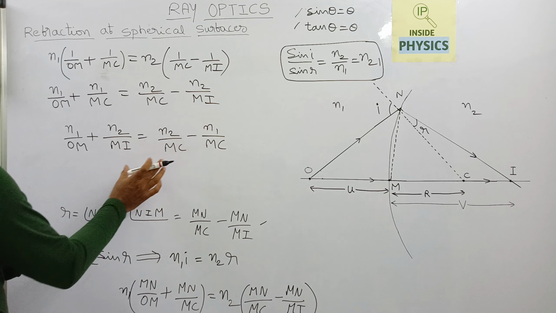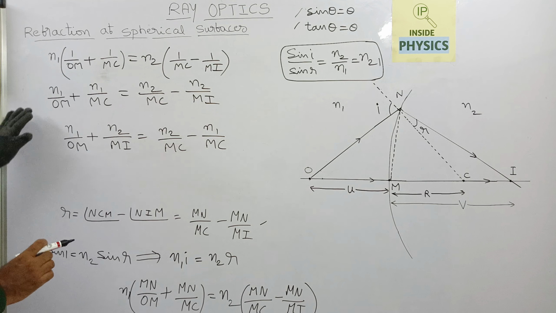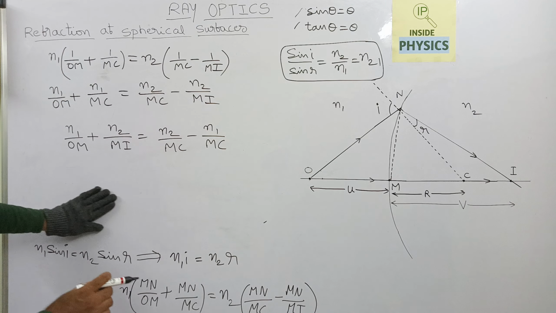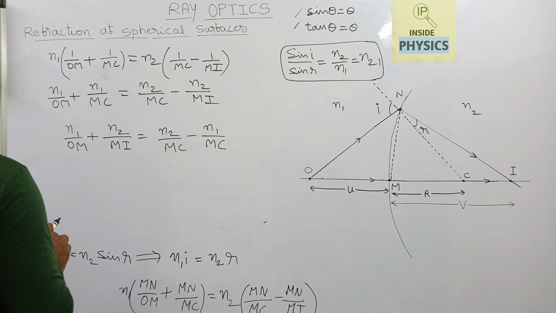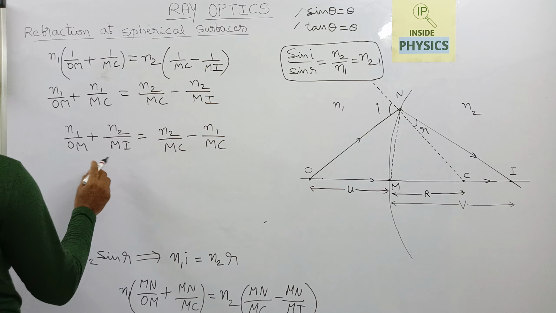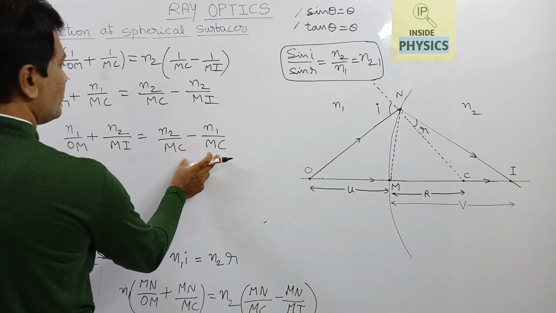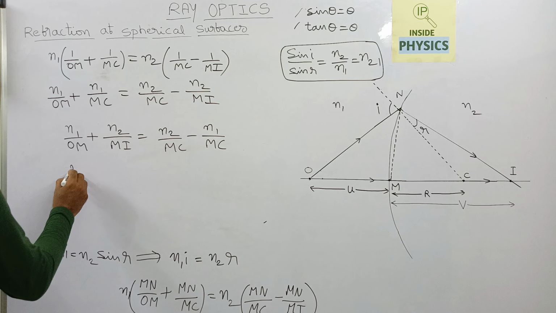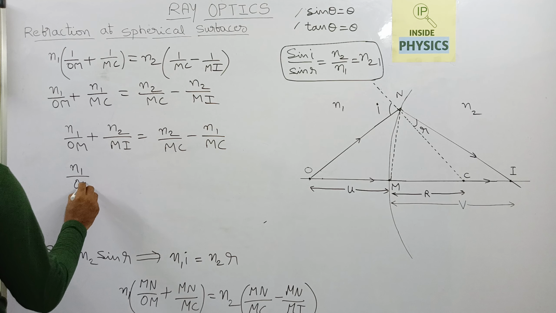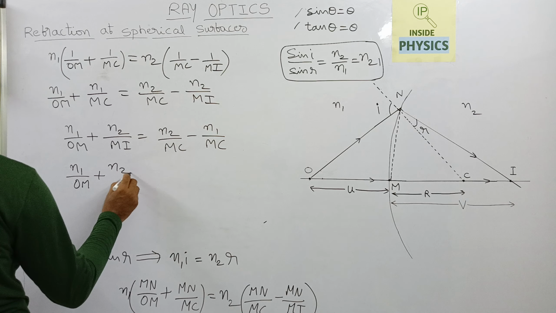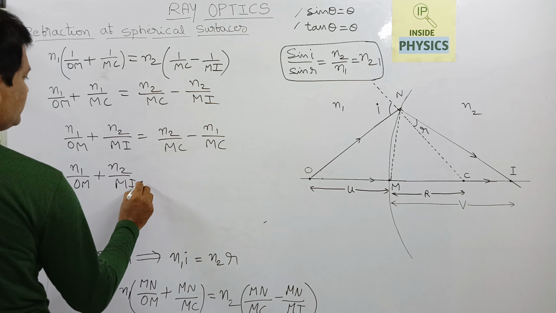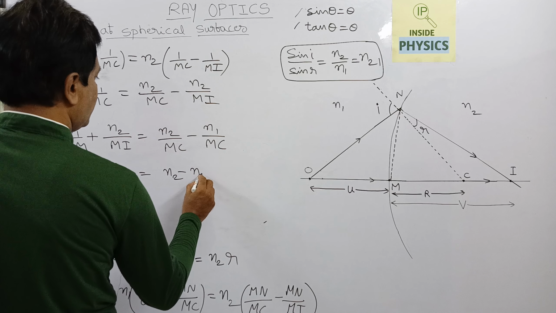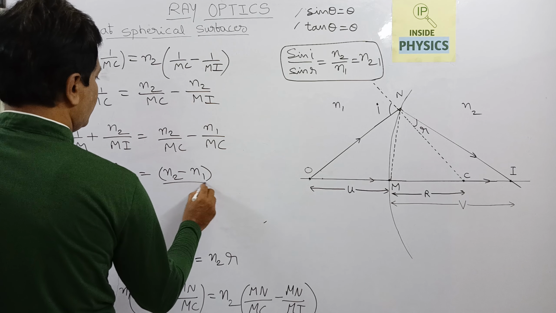Okay. See, this is the equation we got from the above one. So on this right hand side, I can take 1 by MC as the common factor and write it in the form of N1 by OM plus N2 by MI is equal to N2 minus N1 by MC.